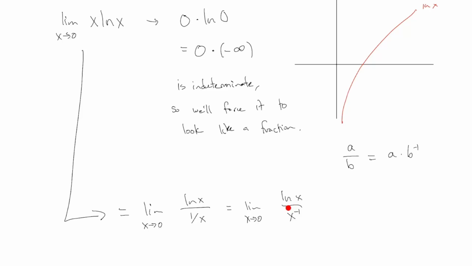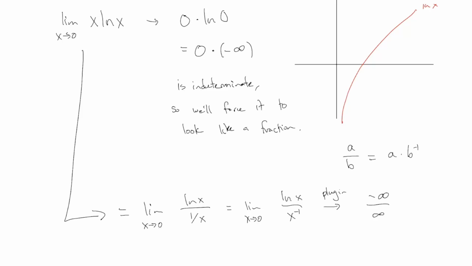But anyway, now that this does look like a fraction, we can use L'Hopital's rule on this, because you will notice if you try to plug in ln x, when x goes to 0, that's negative infinity for the same reasons that we said before. And on the bottom, x to the minus 1, when x goes to 0, that is also infinity.